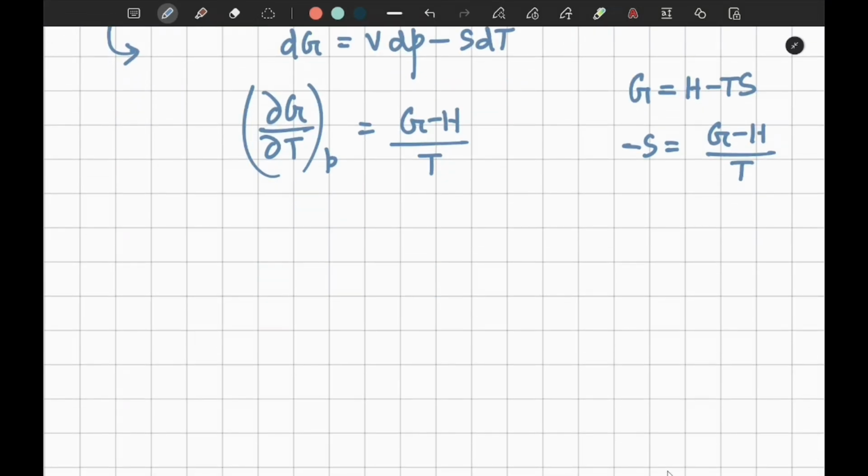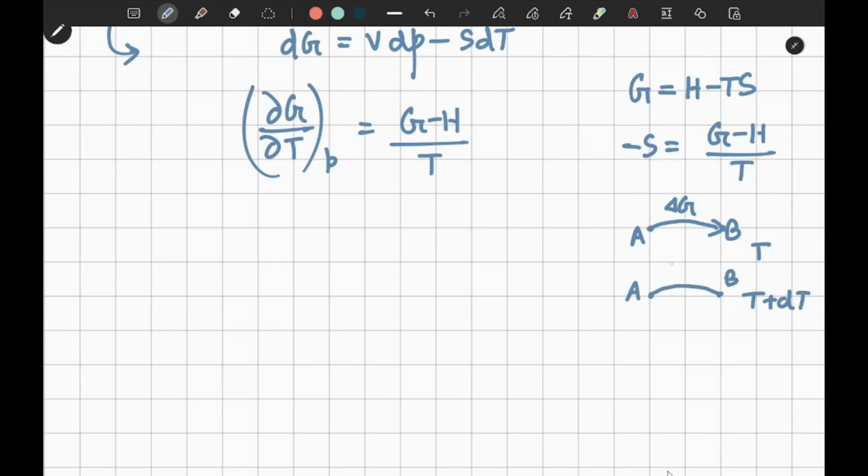So now take a process for which you know the delta G, let's say A to B. You know the delta G and you know the delta H, everything you know. So when G follows this relation, delta G will also follow the relation. Let's say you perform this change A to B at a certain temperature T. Now you change the temperature to T plus dT and you are performing the same thing.